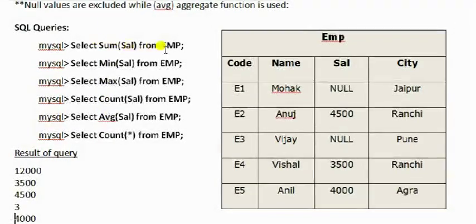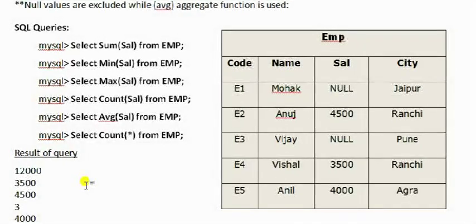Select sum of sal from EMP. So EMP is a table, sum of the sal field values will be added by the sum function. The output is this. Next, select the minimum salary of EMP.